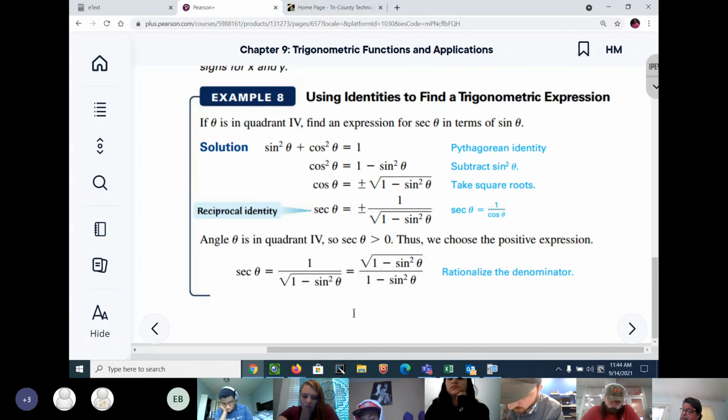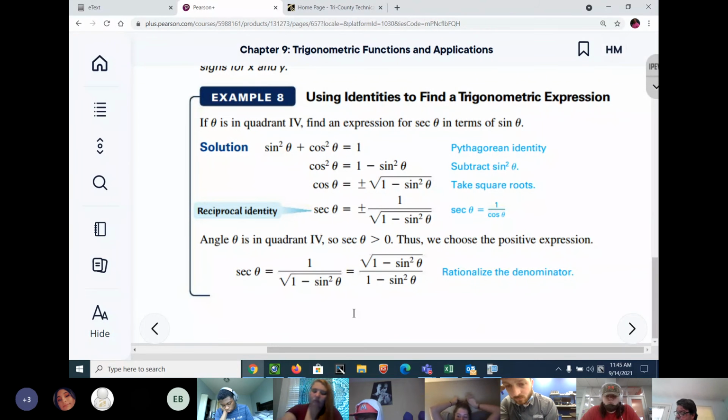And I'll show you all this in just a second. So sine theta is equal to the square root of 1 minus cosine squared theta, and the cosecant theta would be 1 over the square root of 1 minus cosine squared theta.